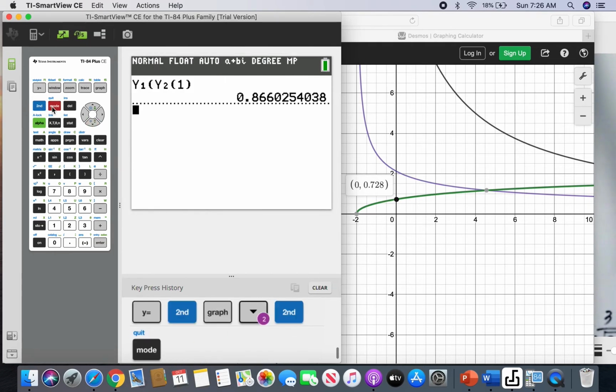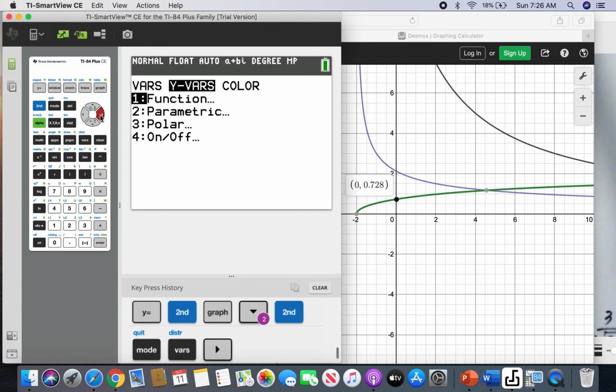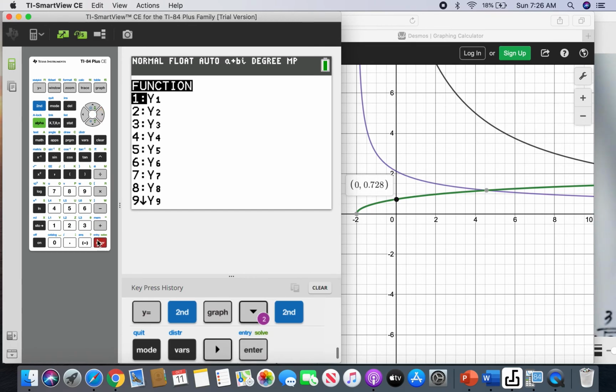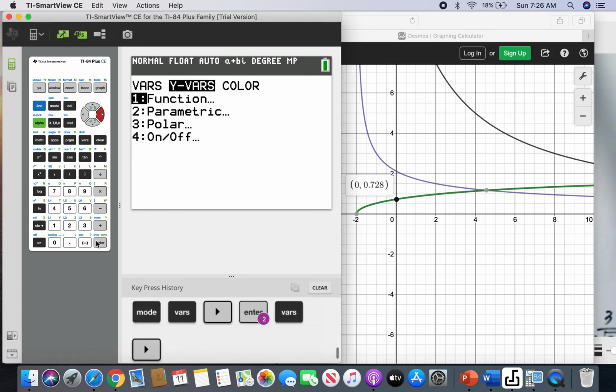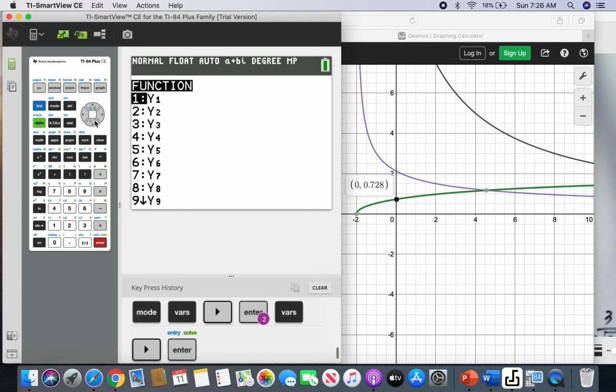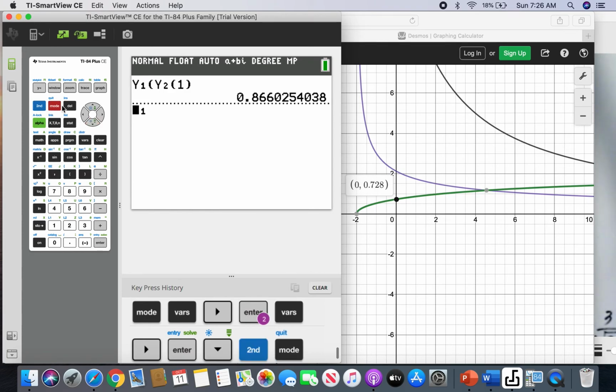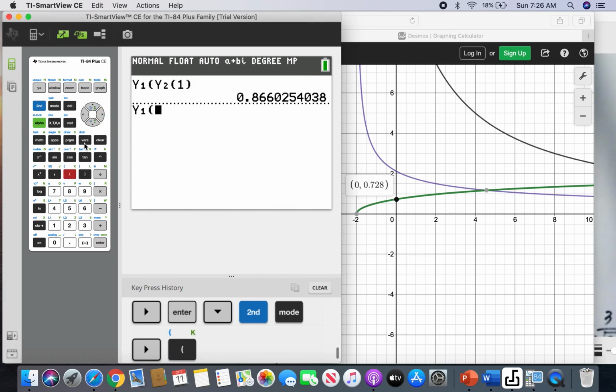1.0607. So if I do it with the clear screen, I would have to do vars, and then go to y vars, and then enter y1, go again to vars, go to y vars, function, and then go to y2. By the way, I have to put a parenthesis first. Okay, parenthesis, vars.